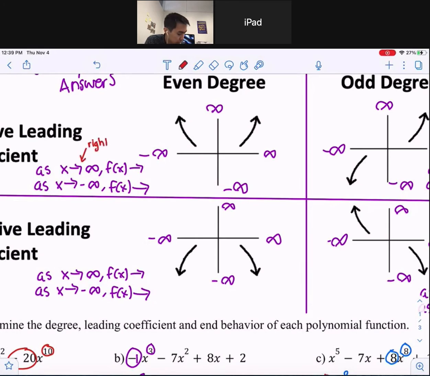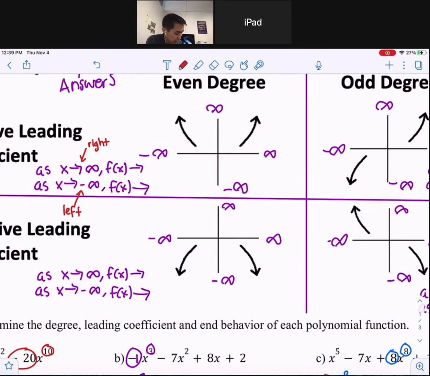One way to describe x going to infinity is as x is approaching to the right, or it's increasing. And x approaching negative infinity means you're looking at the left-hand side, or it's decreasing.